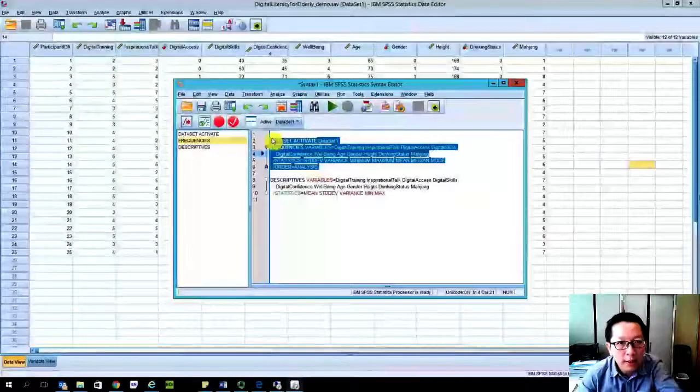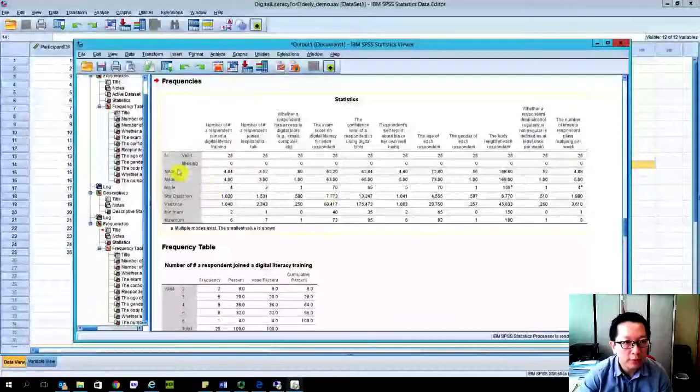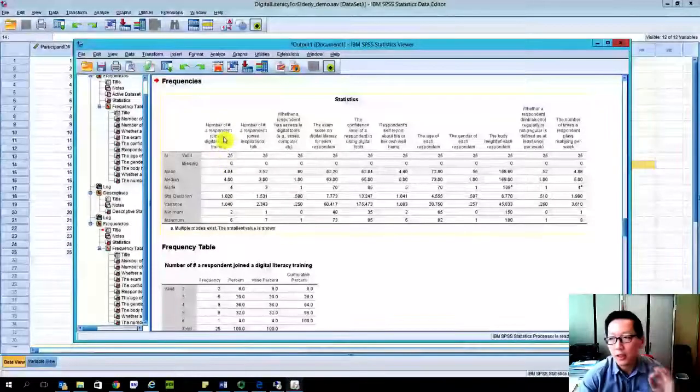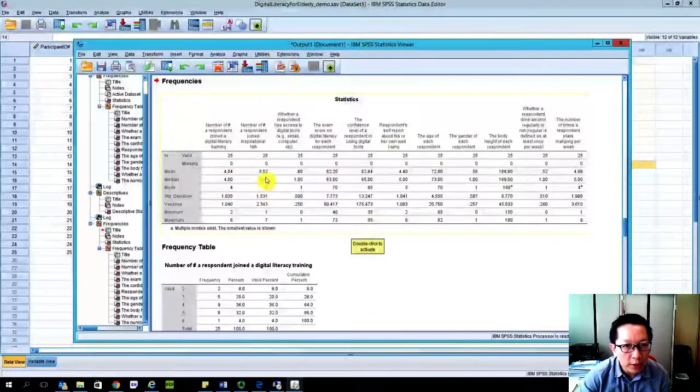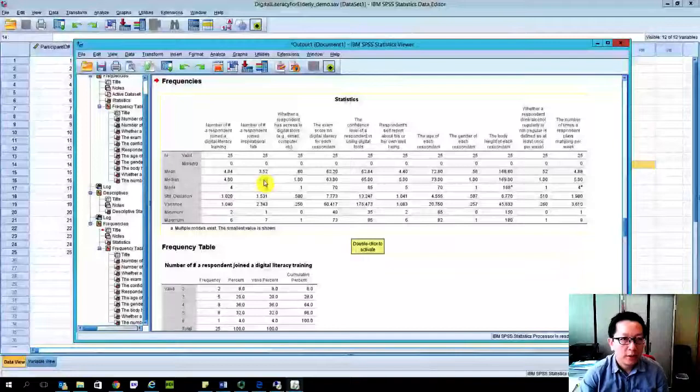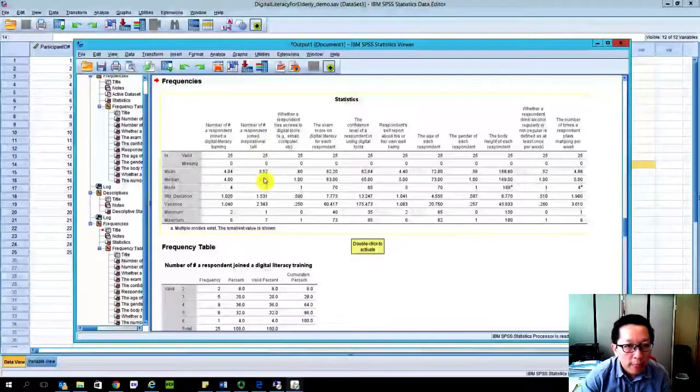I'm going to highlight it again, click it, and it will give me the menu, right? So I just talked about the mean, 4.0 for that variable called joint digital training. What about median? Median for this one is 3. So this is about the number of respondents who joined the inspirational talk.